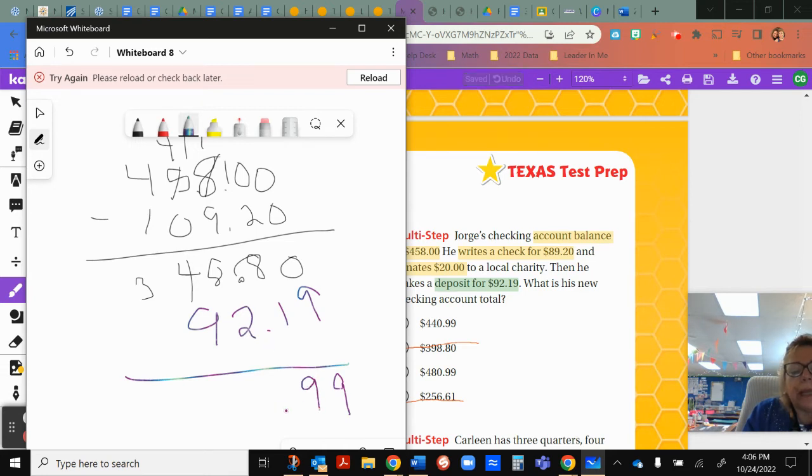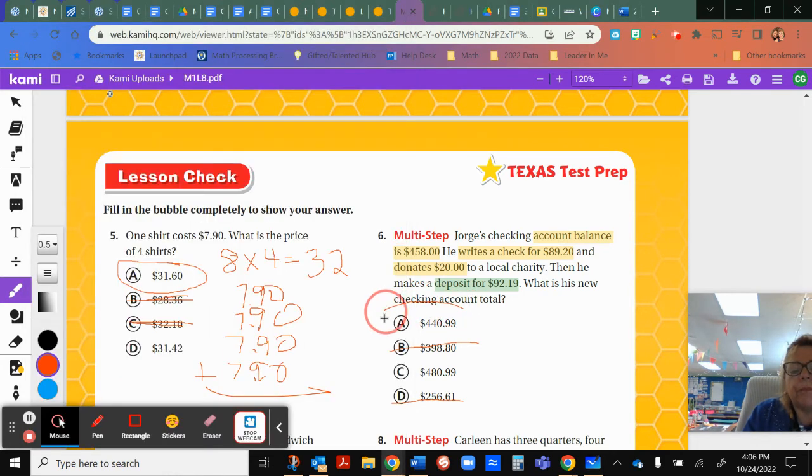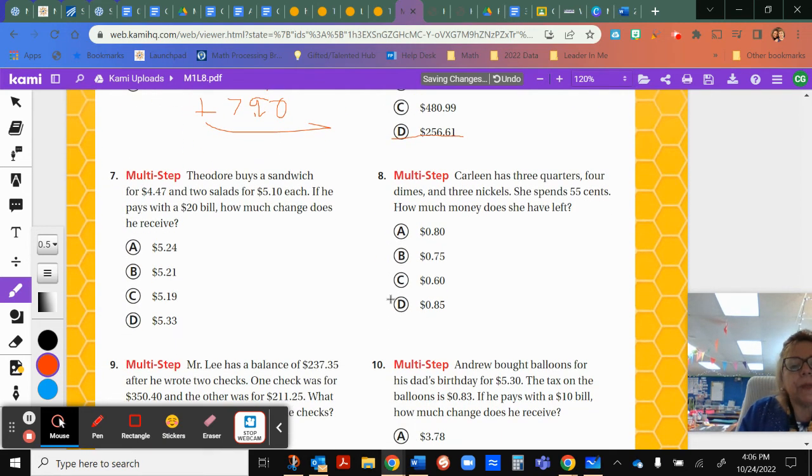So they both have 99. 2 plus 8 equals 10. They both end in a 0. 9, 10, and there's 14. Up, there we go, and 3, 4. So the answer is A. Good job.